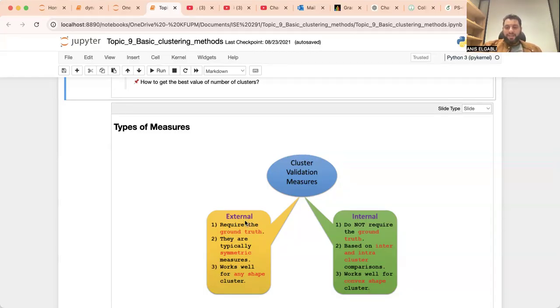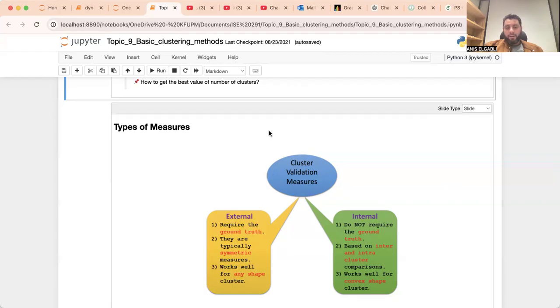But that somehow contradicts the assumption we have in clustering that we have no labels, right? It is a valid metric when you are casting a classification problem as a clustering problem, because you always can.